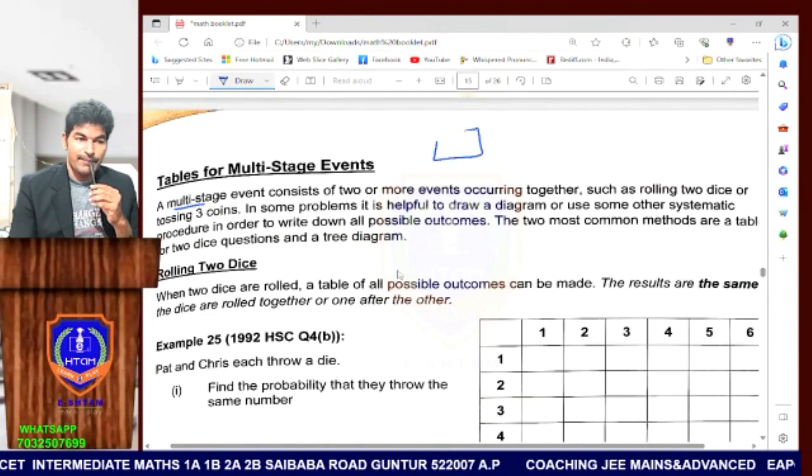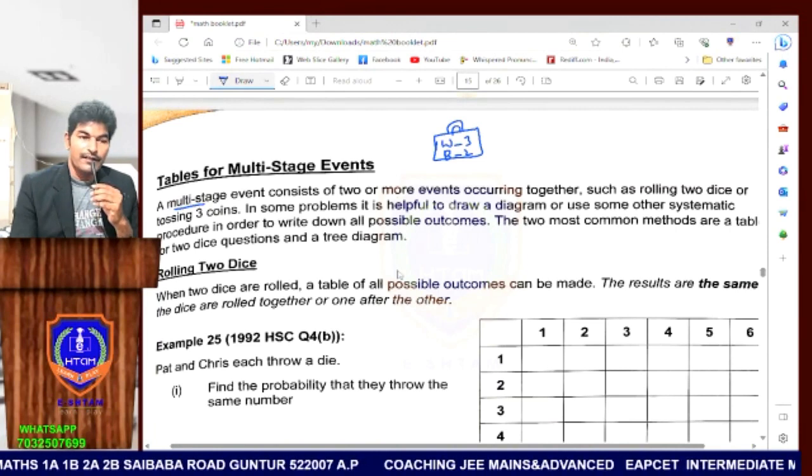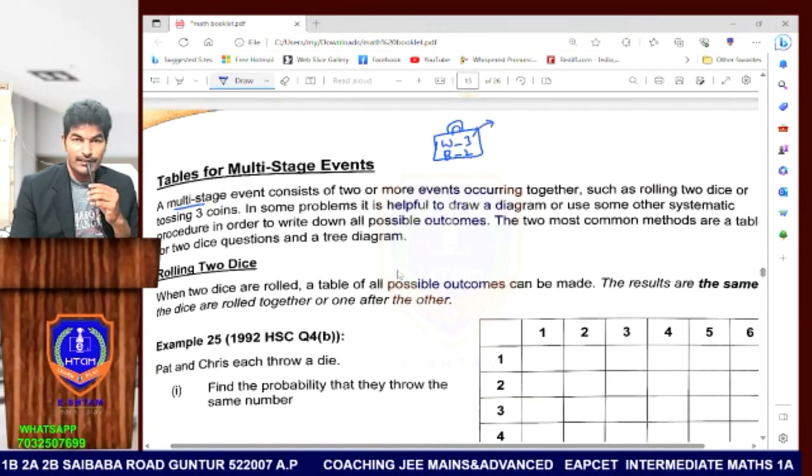Actually, there is a bag, okay? In that bag, there are some white balls, 3 white balls, and blue balls, for example, 2. What we have to do is select a ball from the bag and it should be a blue ball, okay?